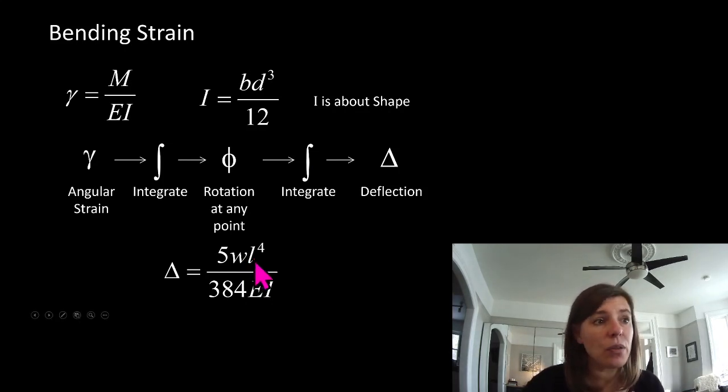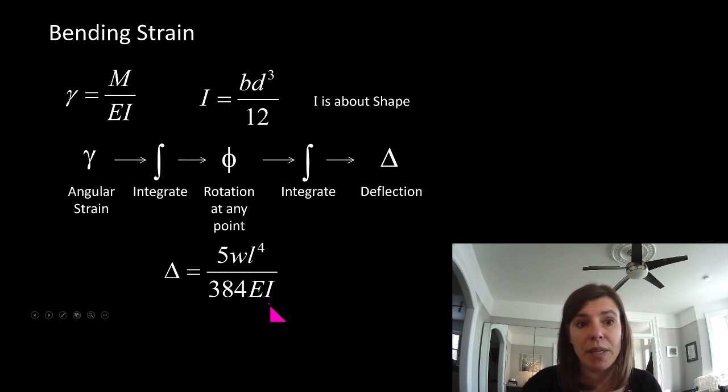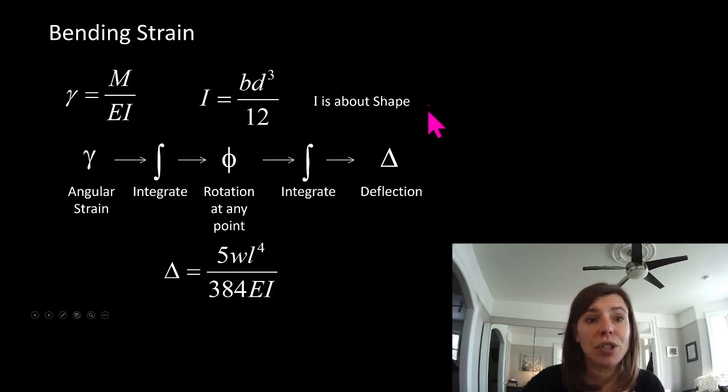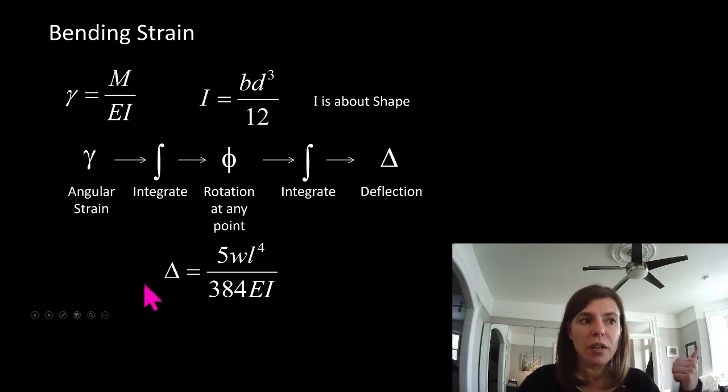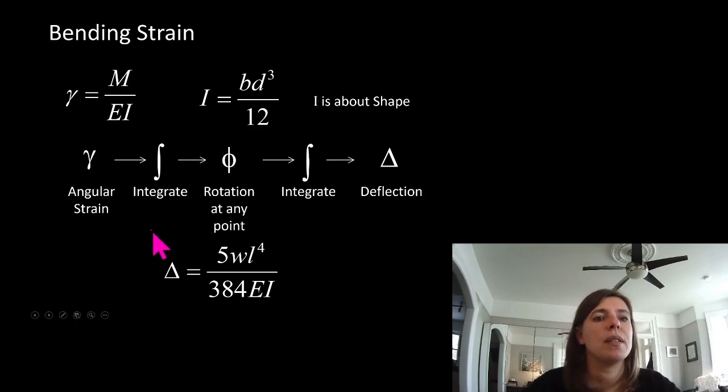I told you to track those. Well, W, we know. L, we would know because of its length. E, we would know because of the material properties. So the only things unknown are deflection and I. If I is tied to its shape, we should be able to determine what the actual deflection of a member is. Remember last term we already figured out what the allowable deflections are, so now we should be able to compare those things.